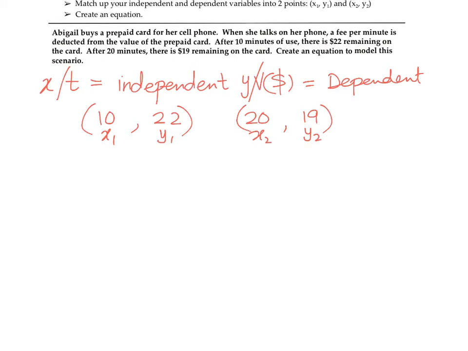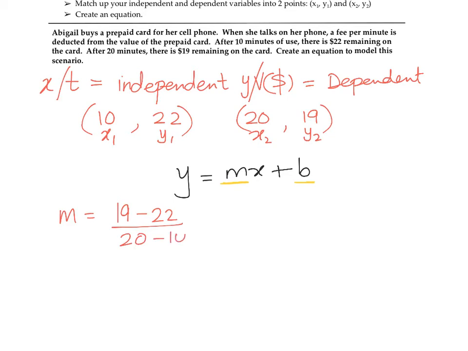So let's create an equation. So our equation is always written in the form y equals mx plus b. So we need 2 pieces of information. We need slope and we need y-intercept. So let's figure out slope first. So to figure out slope, m equals y2, which is 19, minus y1 divided by 20 minus 10.